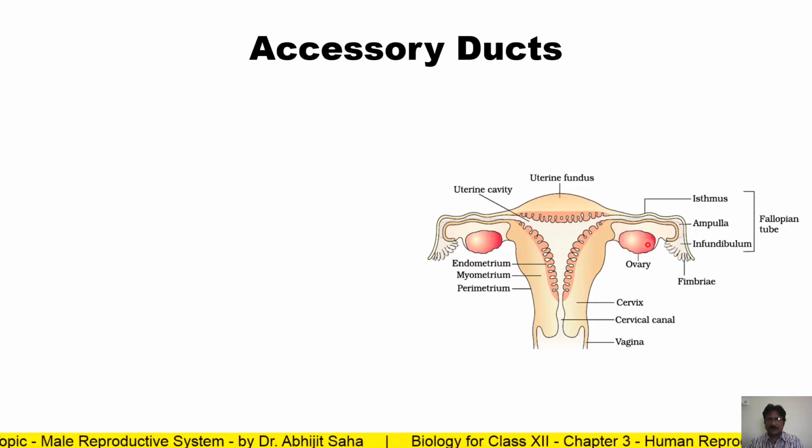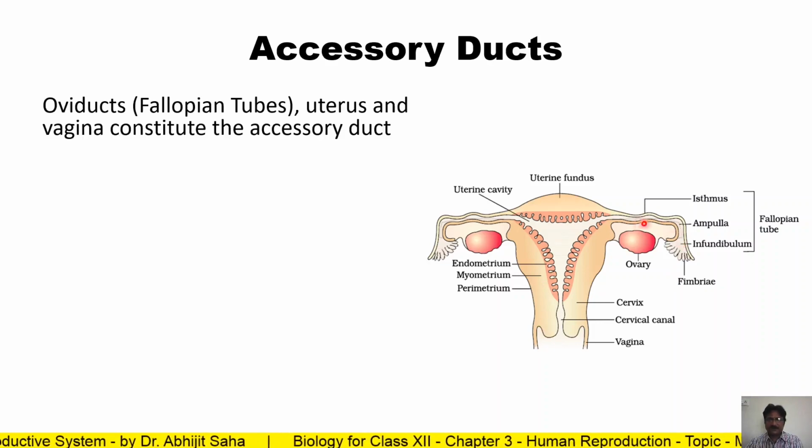Apart from the ovary there is a duct system which we will now discuss. This duct system includes the oviduct or the fallopian tubes, the uterus, and the vagina. This total duct system is required for the transport of the ovum which is produced in the ovary.